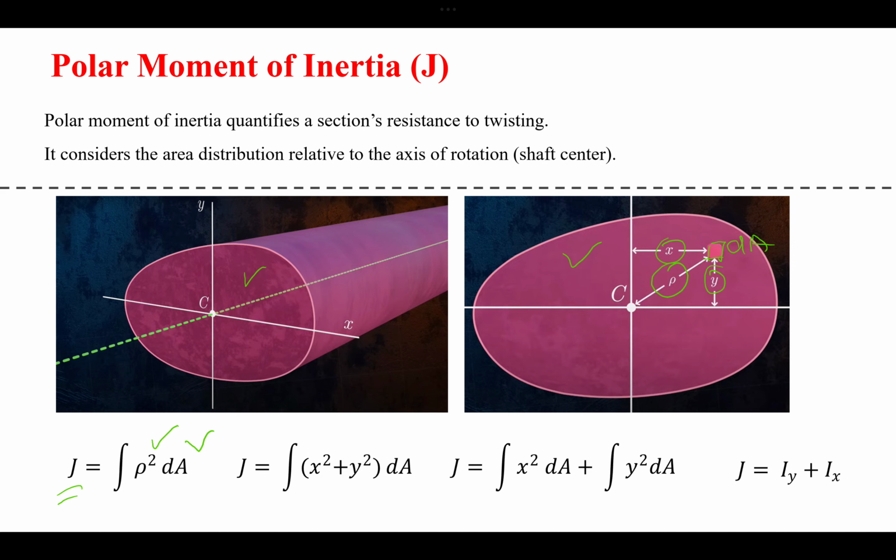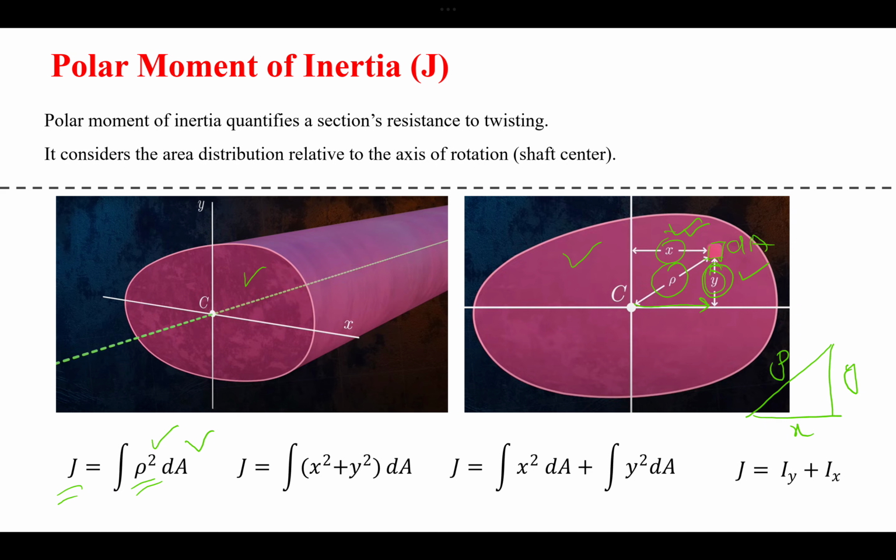So it is defined in terms of radius, not in terms of x and y, because we are talking about the polar. And this rho squared is actually equal to x squared plus y squared. Using the Pythagoras theorem, you can simply do it like this. So this is y, and then you have this x, which is the same as this one, and this is rho.